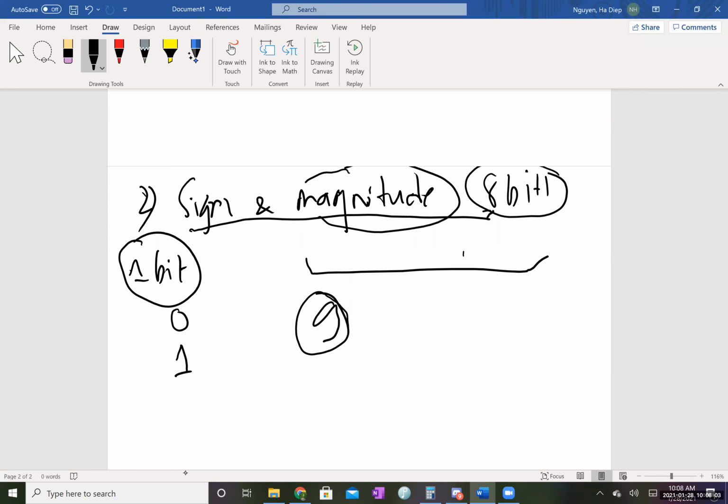Would it be 0 0 0 0 1 0 0 1? Yeah. Okay, so now see how it works.